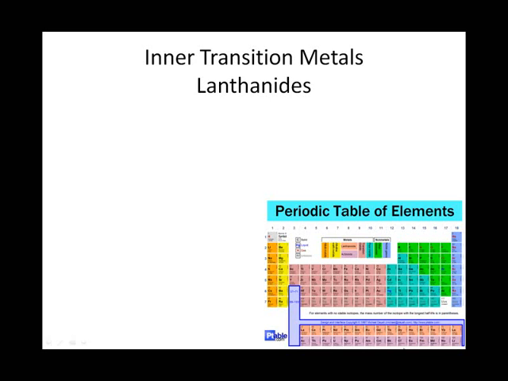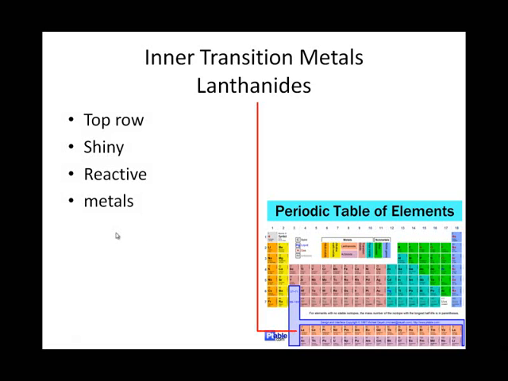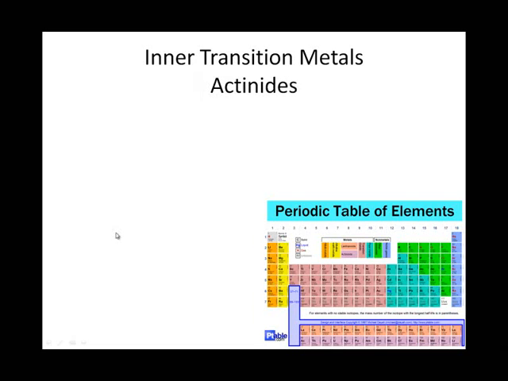So these elements down here are called the inner transition metals. On the top row we have the lanthanides, and we remember that because they start with lanthanum. So these are the lanthanides. Top row of the bottom section here, they are shiny, they are reactive, and they are metals. The bottom row of the inner transition metals are the actinides.